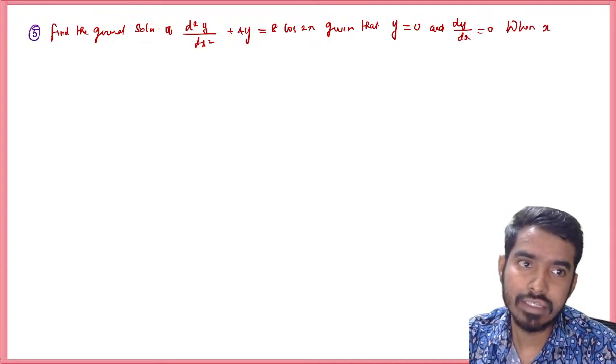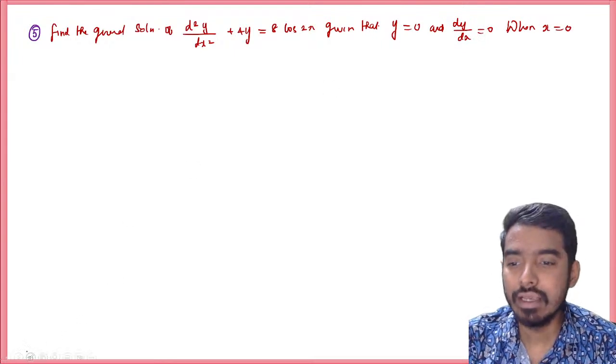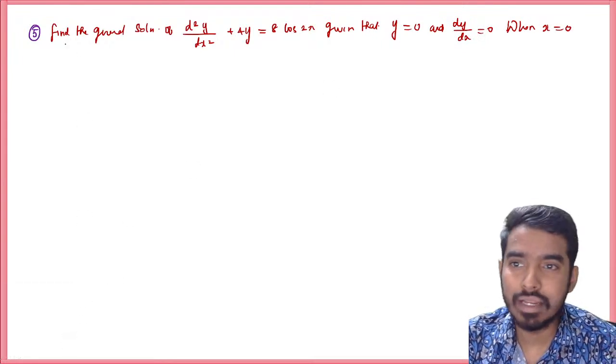So why have they given this initial data? Just to find out the values of the arbitrary constants, right?